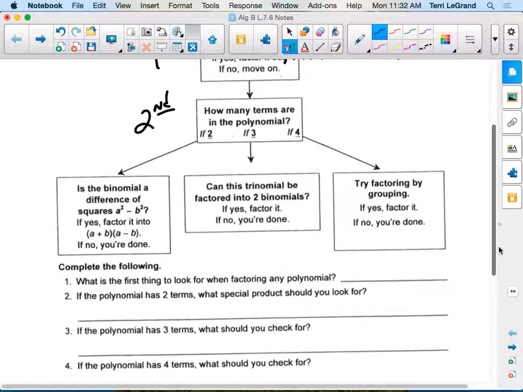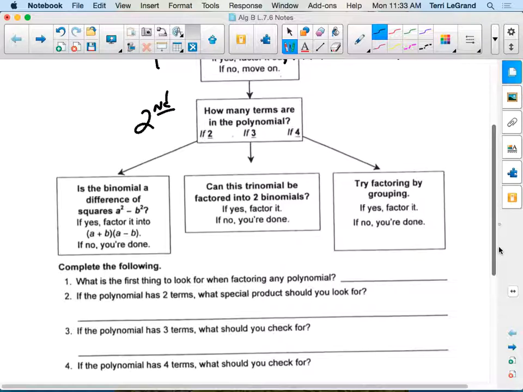But if it's 3 terms, that means we have a trinomial. Now we're going to ask ourselves, can this trinomial be factored into those 2 binomial factors? And what do we use to make that happen? What method do we use when we're factoring a trinomial? What do we start with? I make it as an X, but we call it the what? Diamond method.